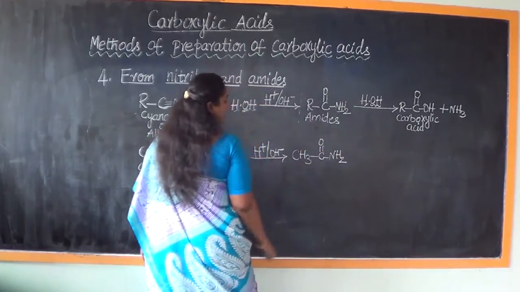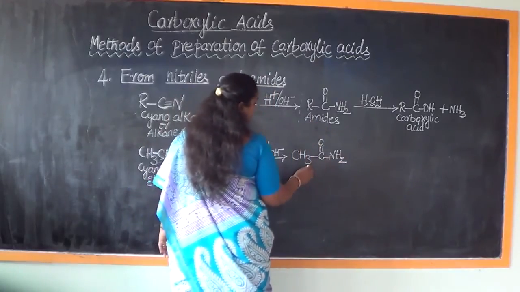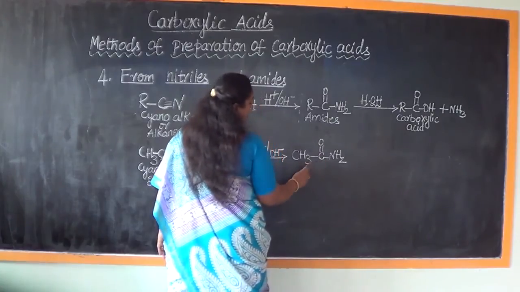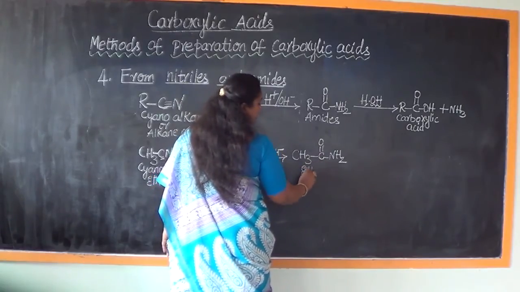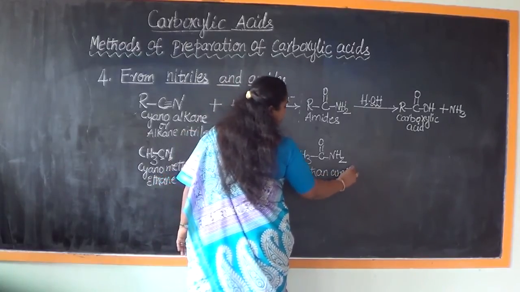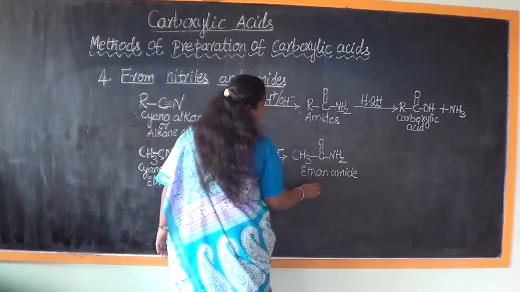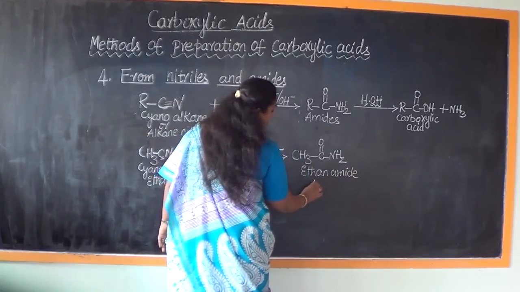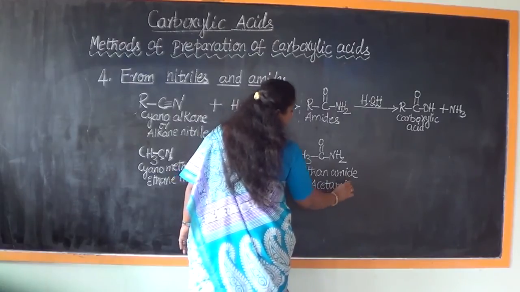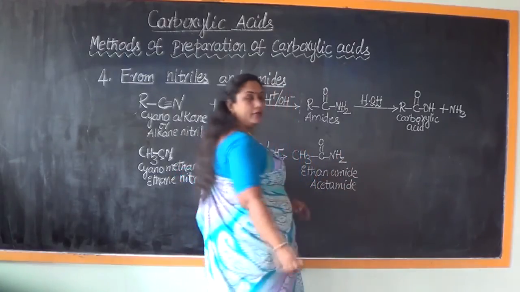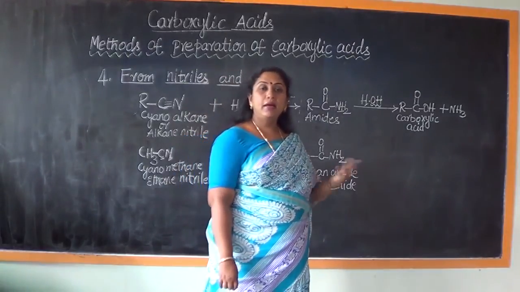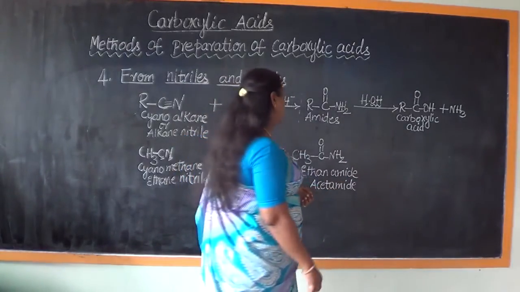Similar to the general reaction. So what is the name of this compound? This compound is called ethanamide. Ethanamide is the IUPAC nomenclature and acetamide is its trivial nomenclature.